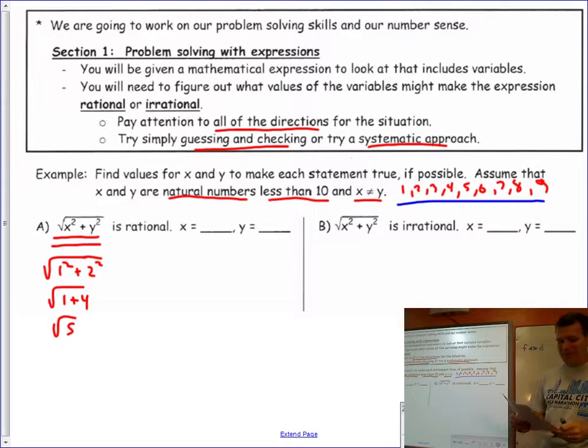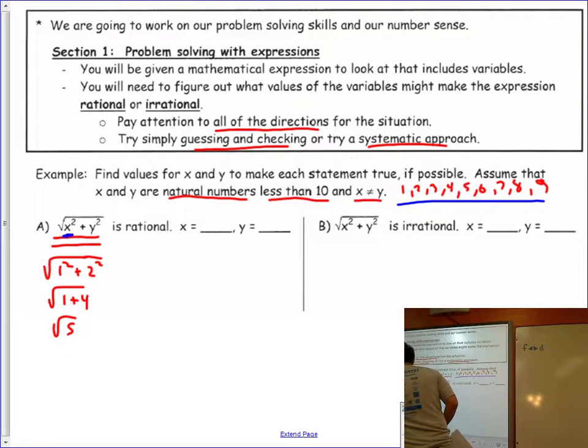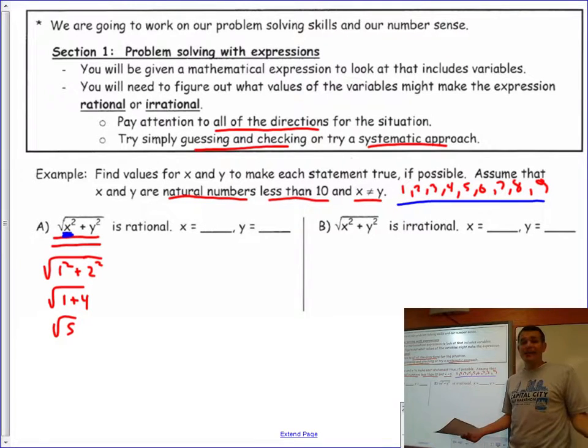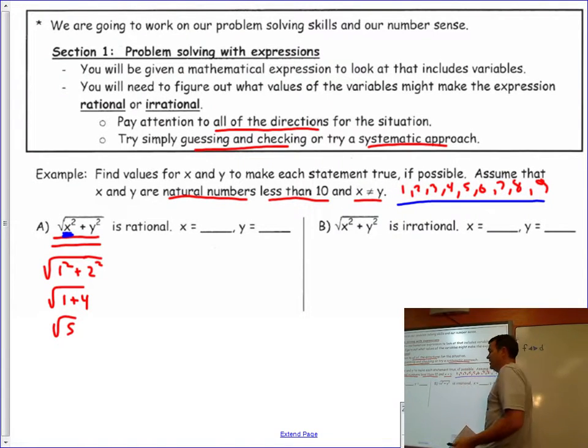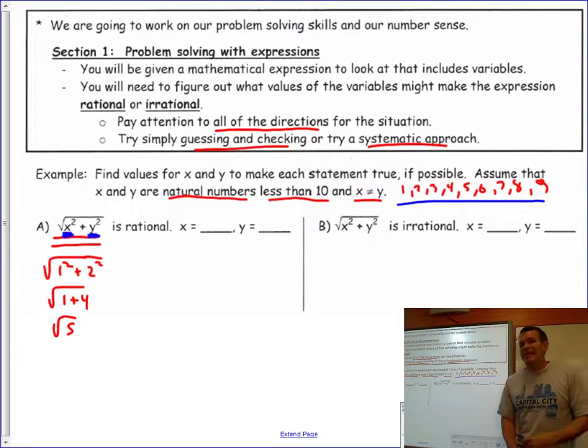And here's the thing. When I put a number in for x and I square it, I get a perfect square. And when I put a number in for y and I square it, I get a perfect square. So x squared is a perfect square, and y squared is a perfect square.